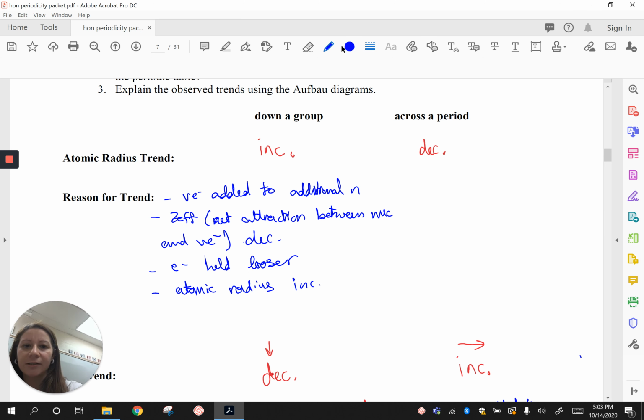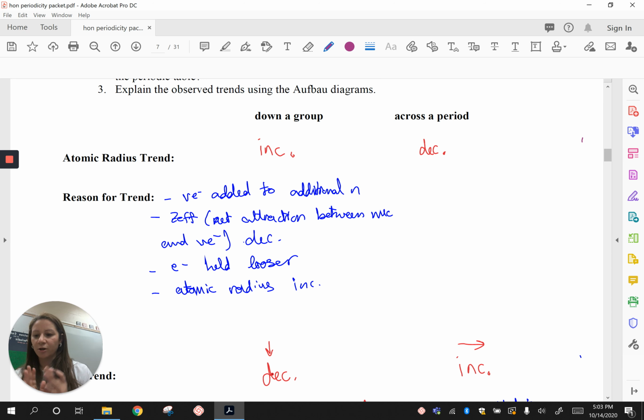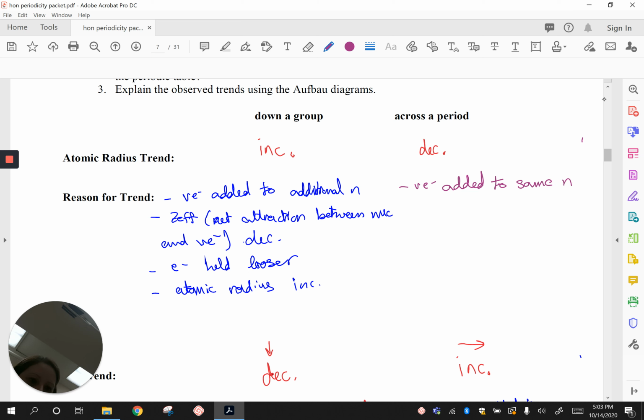Okay, let's look at as you go across the period. First thing you think about is where are your extra electrons being added. As I go across the period, my extra electrons are being added to the same energy level. At the same time, I have more protons in the nucleus. So what does that mean? If my electrons are being added to the same energy level, there's not much more repulsion, but at the same time I have more protons, so that means more attraction.